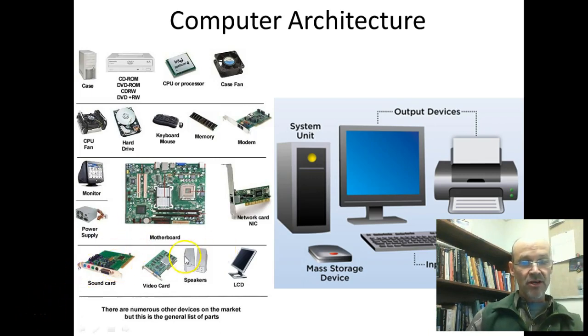Sound cards and video cards, of course many people are using these devices for home entertainment, but the video card in particular is a really important element for geospatial. So anytime we're working with imagery or we're bringing in large complex maps, the video card is going to be put to work.